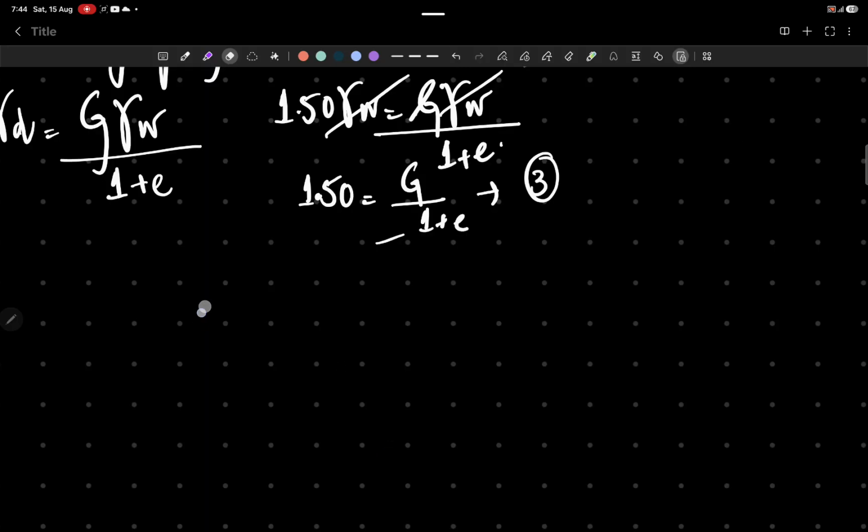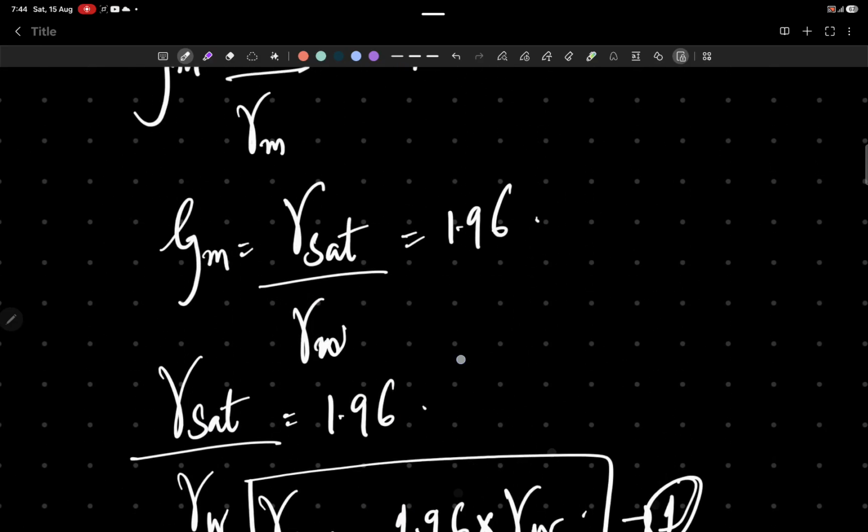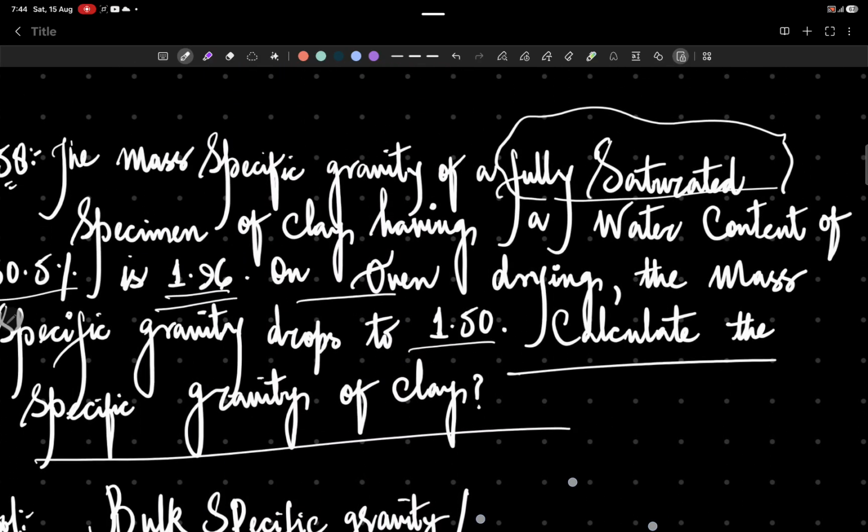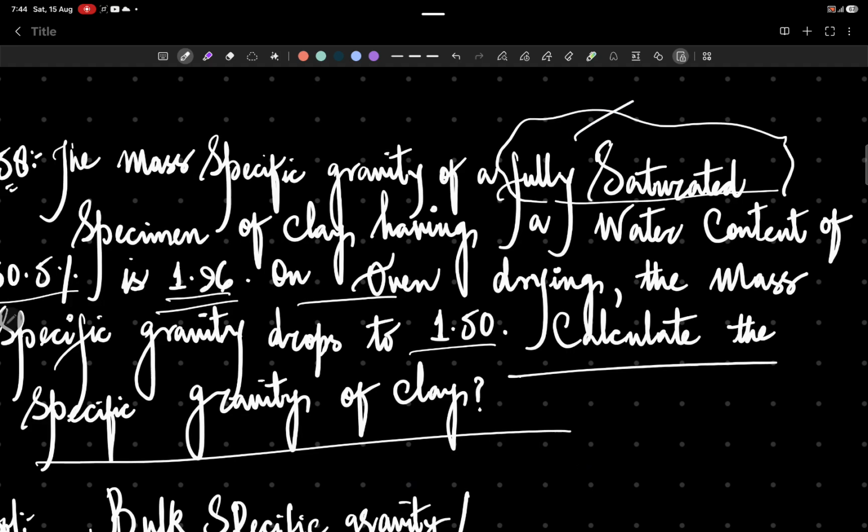Now also e S is equal to w G. That means e becomes w G, because S is 1. Soil is in fully saturated condition as given in the question.